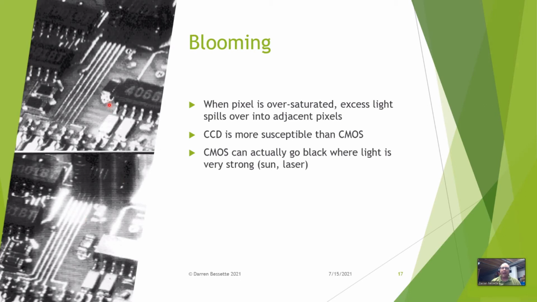CMOS has a much better methodology for dealing with blooming, and so therefore it's less susceptible to seeing this artifact. However, there is this one artifact that is less common now, but back in the day, if you shine a really bright light at a sensor, instead of it going bright white, it would actually go pitch black, which was counterintuitive.